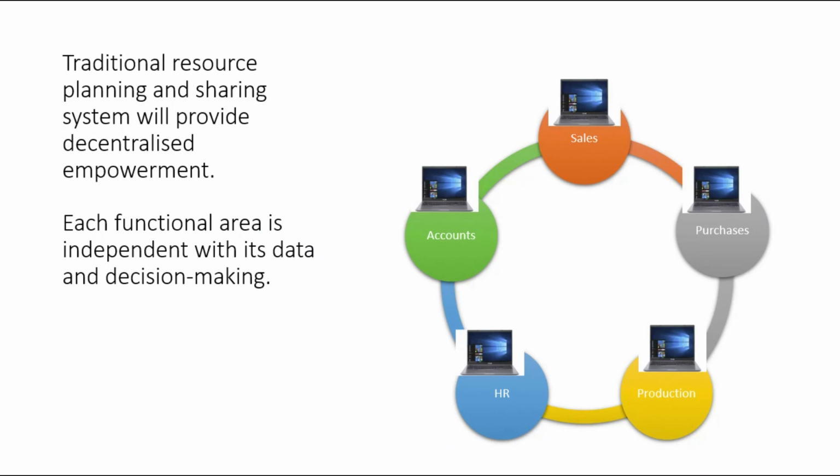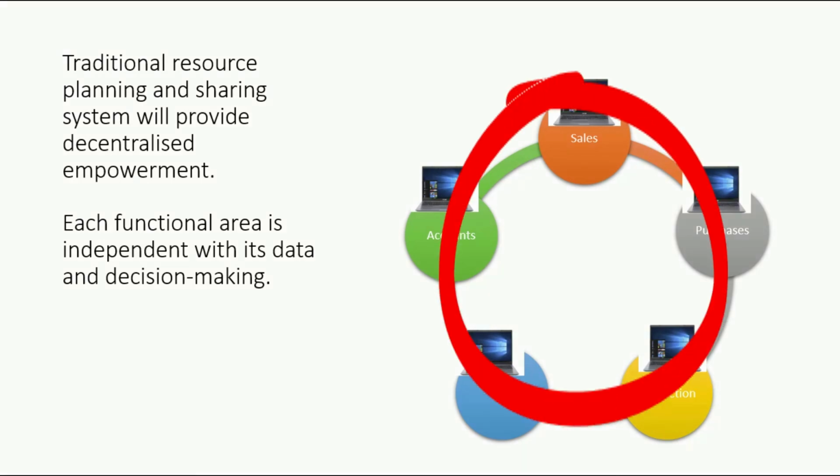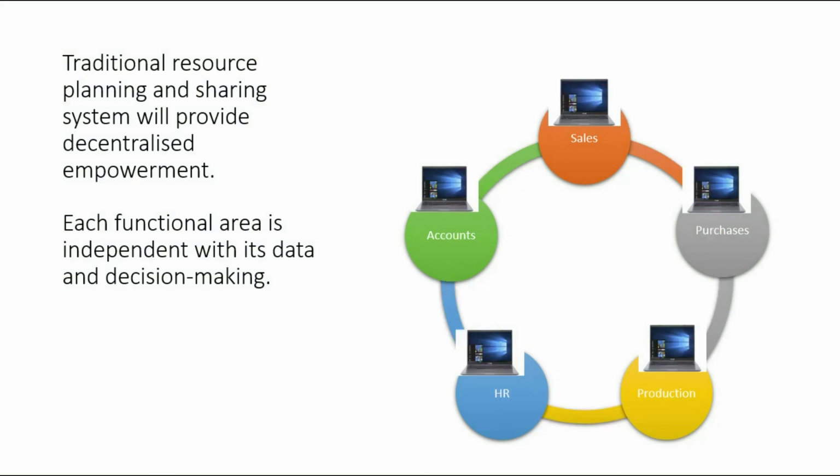The traditional resource planning and sharing system is a decentralized system that empowers the functional departments. Each functional department, for example, purchases, production, human resources, and accounts, is independent with its data and decision making.